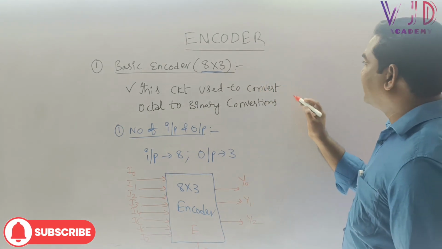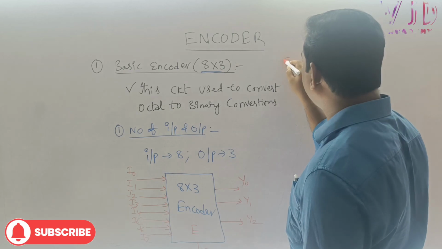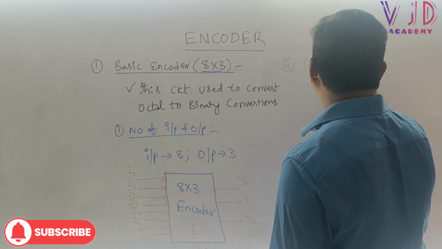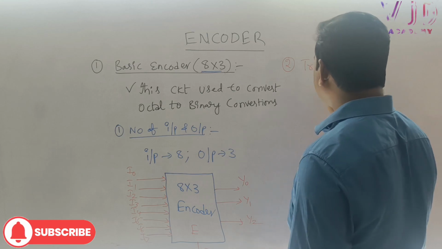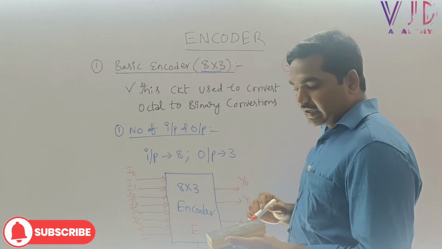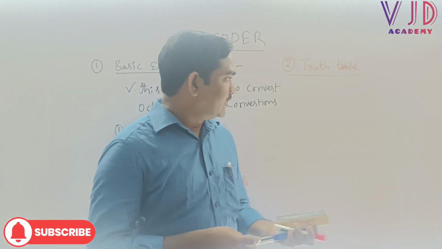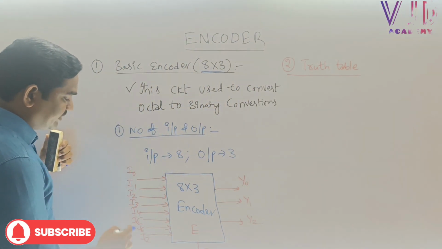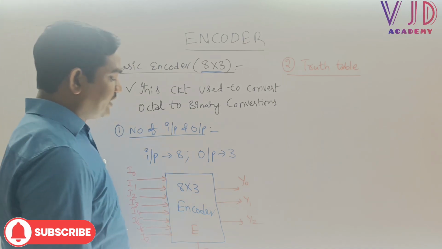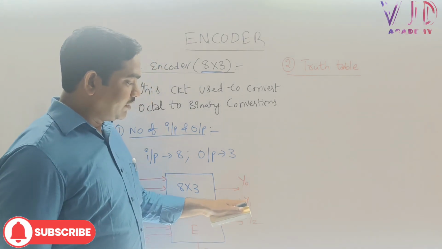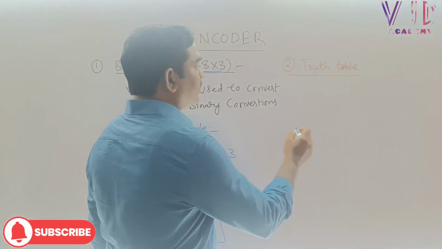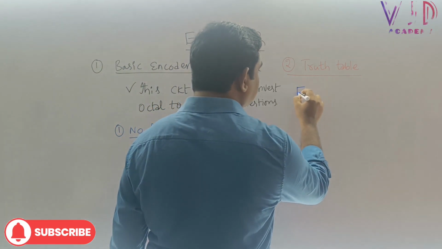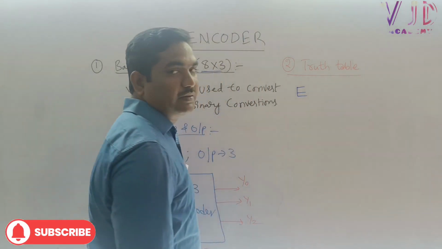And now let me see the second point here, truth table. Let us try to understand even truth table also. Sir, here we have 8 inputs which are I0, I1, I2, I3, I4, I5, I6. Here enable pin, and we have 3 outputs. Sir, now the first, when we are drawing a truth table, the first foremost important thing is enable pin.